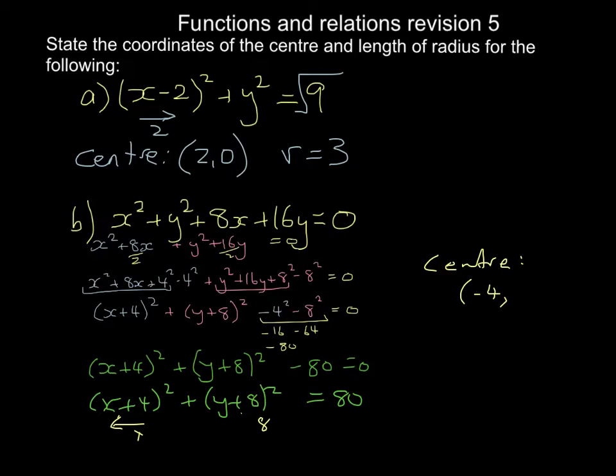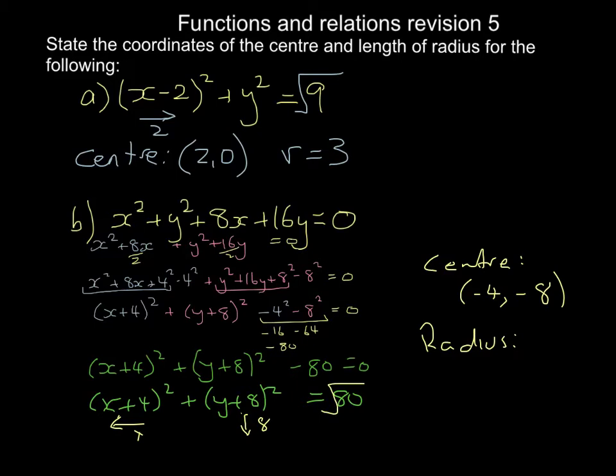If it's plus, we go downwards. It goes down by 8, so it'll be negative 4 and negative 8. Let me rewrite that one again. Negative 8, it's better. And the radius is equal to the square root of 80.